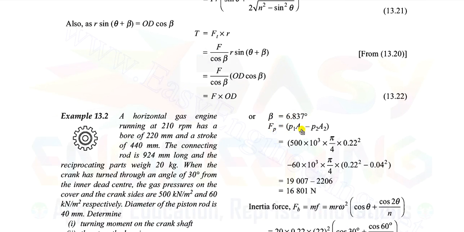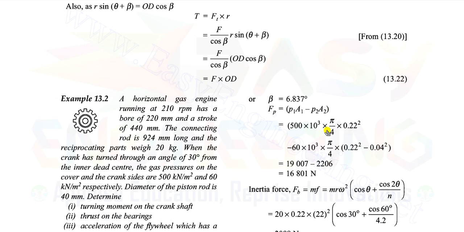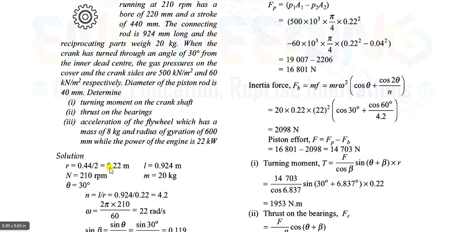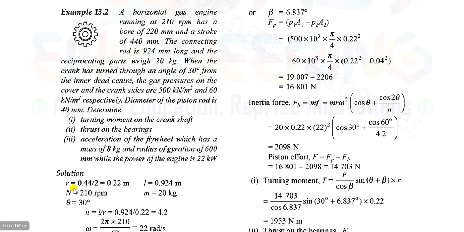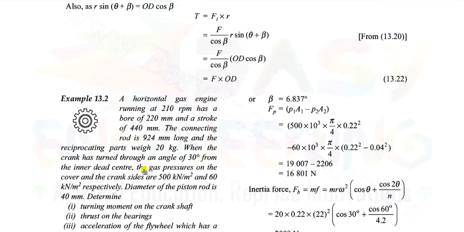FP is equal to P1 into A1 minus P2 into A2. Now please keep it in mind, here this 220 mm is bore. So this 220 is 0.22 and this is also 0.22, but this is not radius. This is the cylinder bore or cylinder diameter, and this is your crank radius.